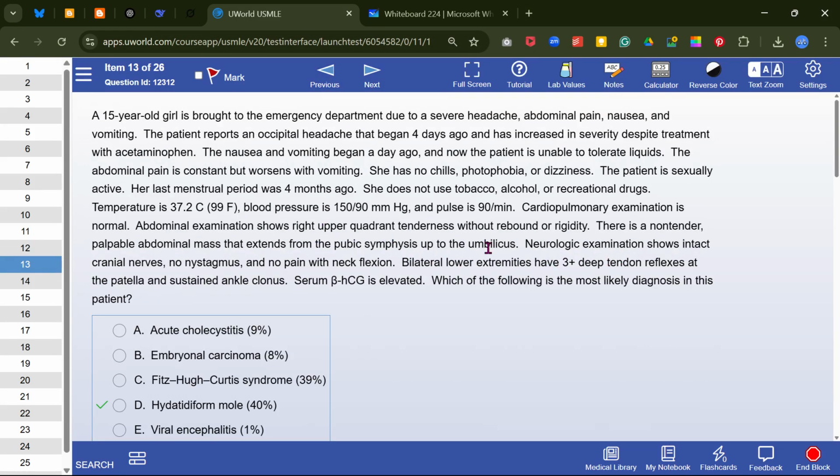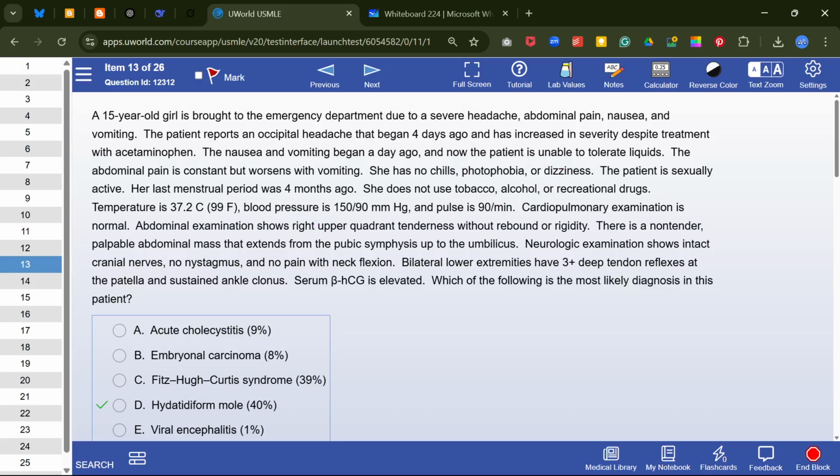Okay, look at this question. In this question, there is bilateral 3 plus deep tendon reflex in the patella. Sustained beta-hCG level is elevated. There are features of headache and abdominal pain. It is an occipital headache, not relieved by acetaminophen. Blood pressure is high.